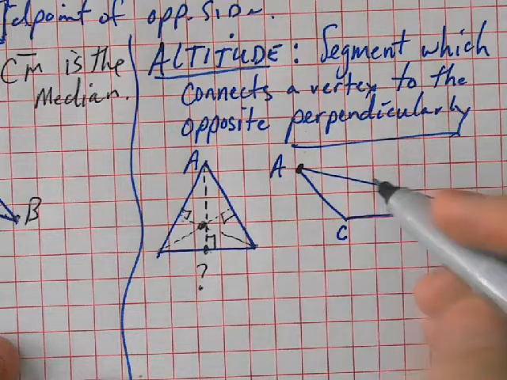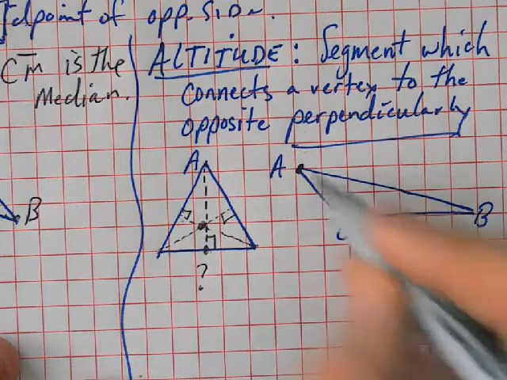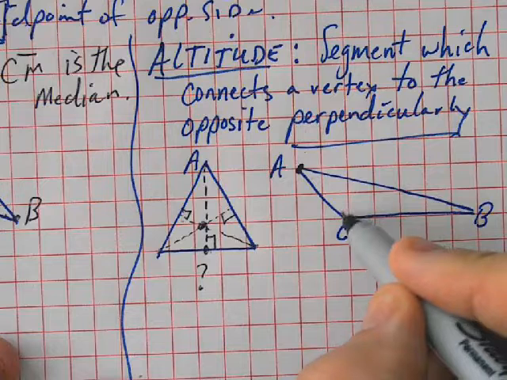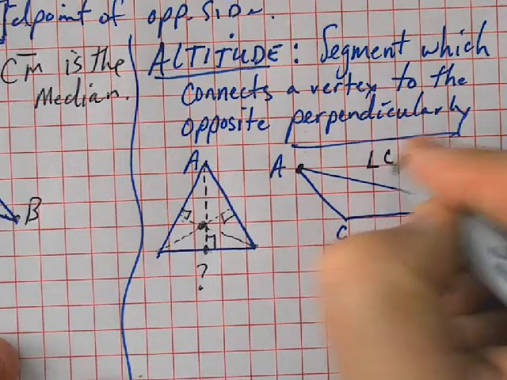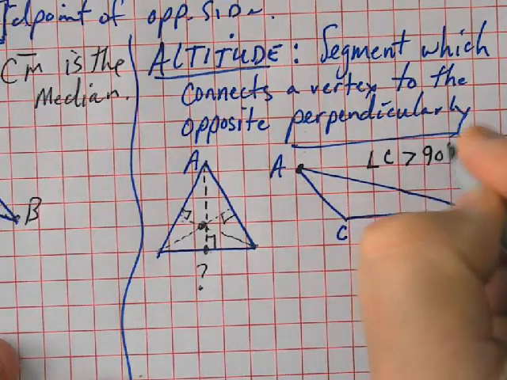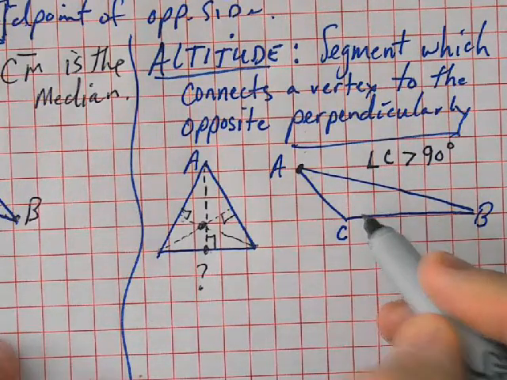All right, well, I've got a problem. I can't be on the inside of the triangle, because angle C is obtuse, that means it's greater than 90 degrees. So I can't go anywhere in here.